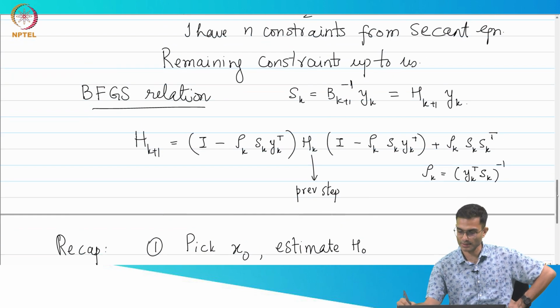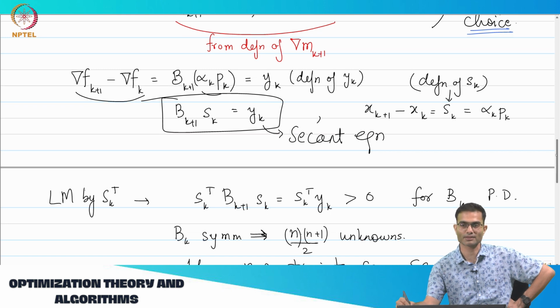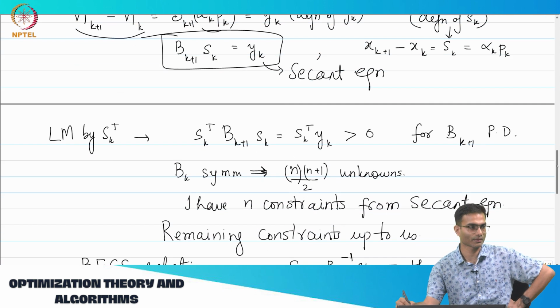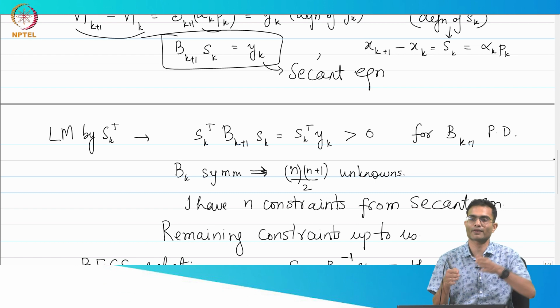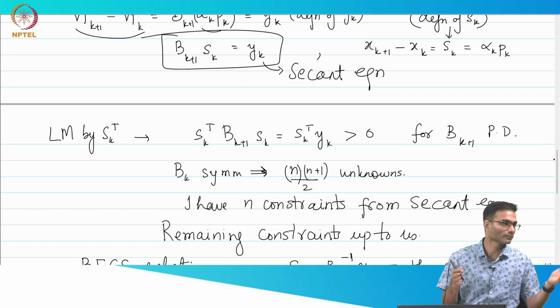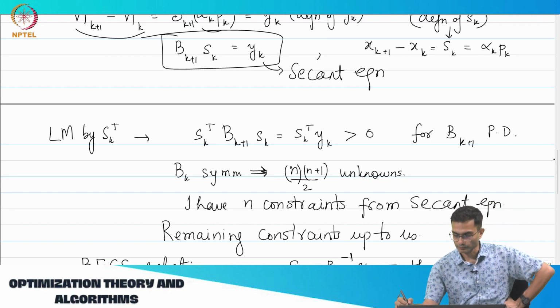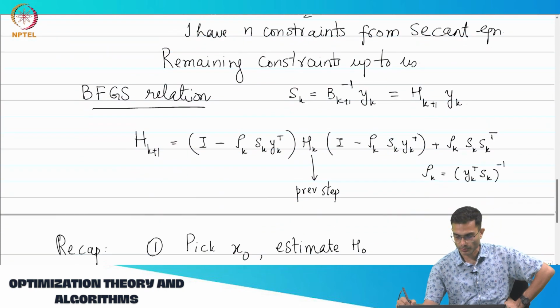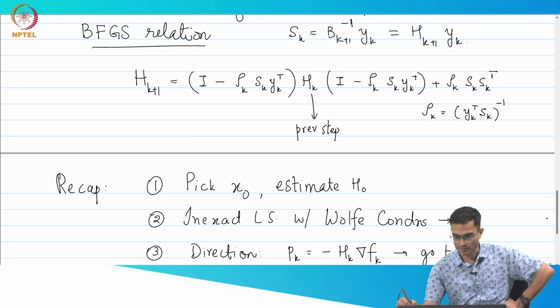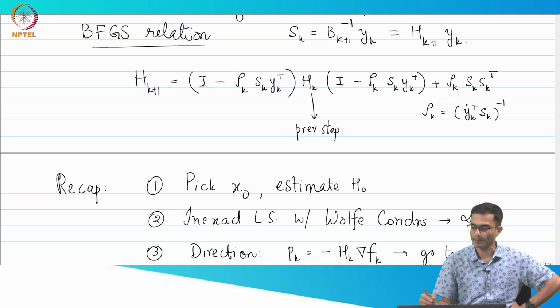Sk was defined as, we had it over here, right, difference of iterates, xk plus 1 minus xk. So if I know where I am and if I know my previous step, I can calculate s. Similarly, y I can calculate, right, and so I have my sk, I have my yk, and what else? Rho is given over here. So basically, this whole expression can be computed.